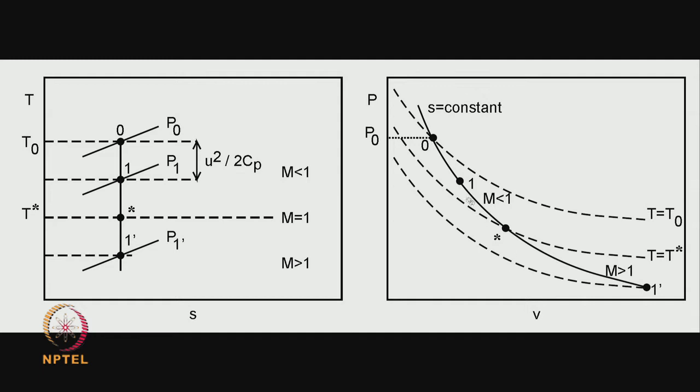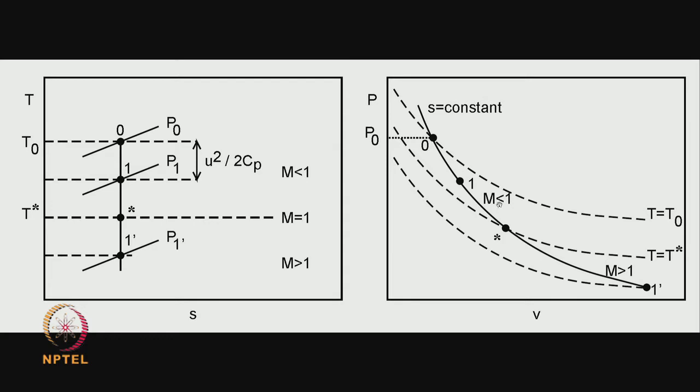We have done the same thing. We start with state 1 and we travel along this S equal to constant line, S equal to S1 line, to reach the stagnation state, and this is the stagnation isotherm corresponding to the stagnation temperature, and notice that this is the isotherm corresponding to T equal to T star.